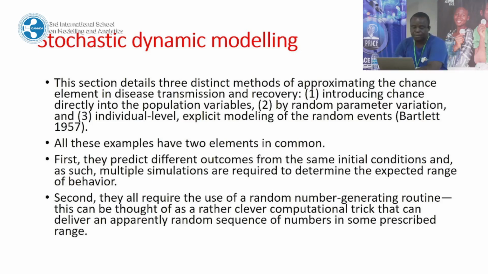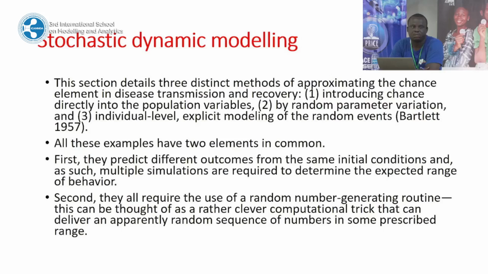So all these examples have two elements in common. First, they predict different outcomes from the same initial condition. You find out that you are given the same initial condition, maybe I of 0, x of 0 equal to the same thing, but at the end of the day, they give different outcomes. And that's where chance comes in.